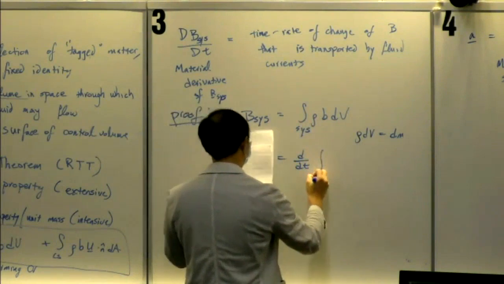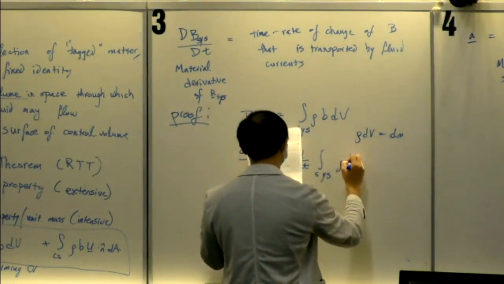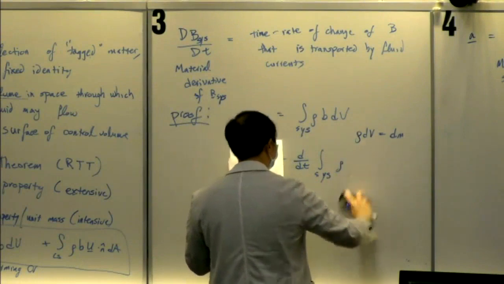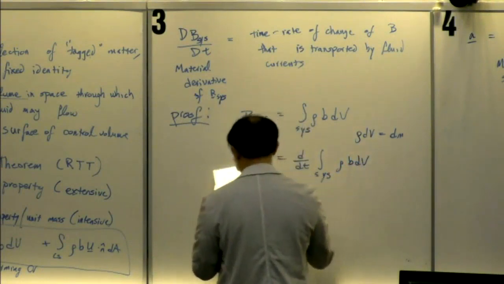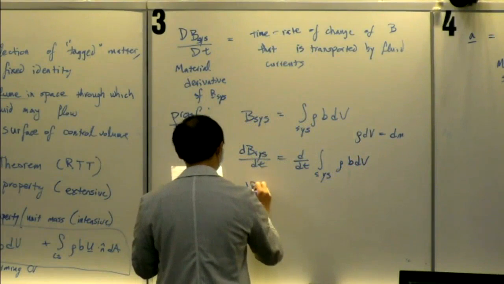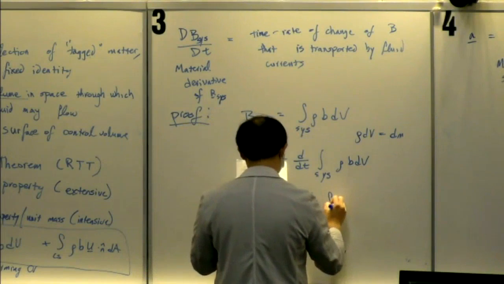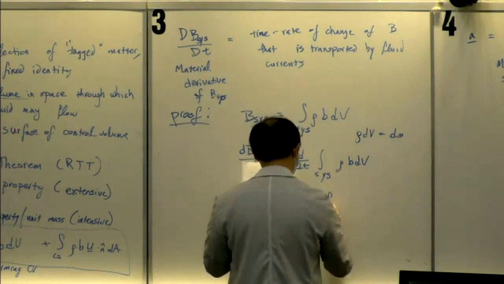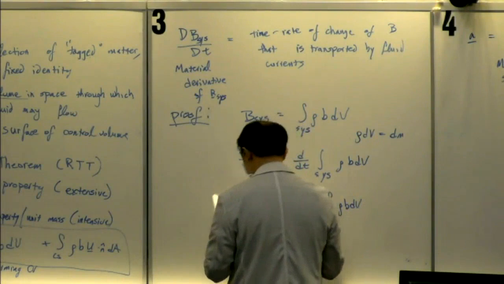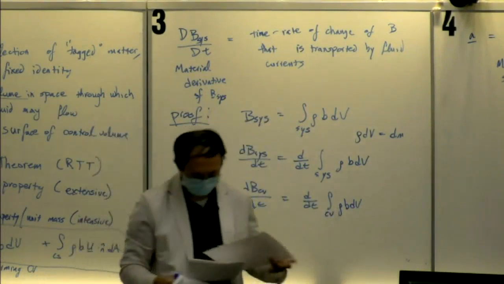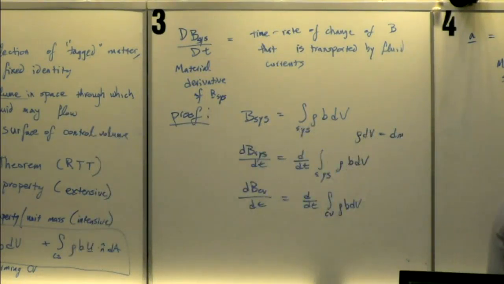So this is just the derivative of this integral, with dV. And I can do the same thing with the control volume. Just take the derivative with respect to time. All right, now the picture I'm going to take away is this, board 4.